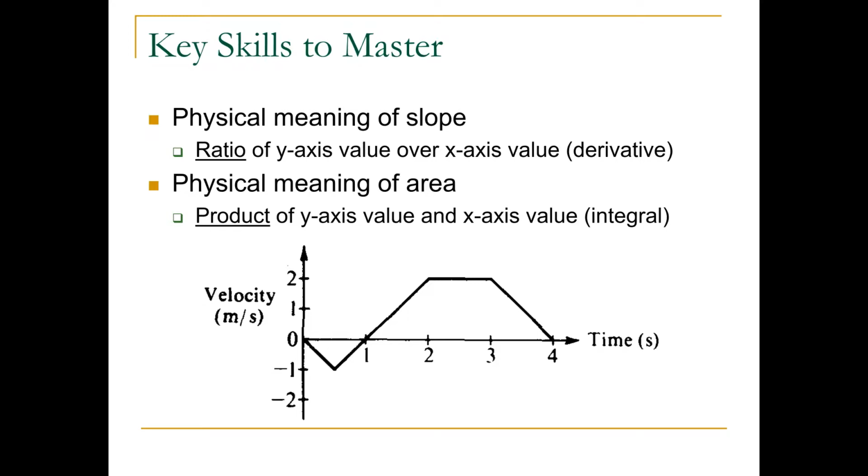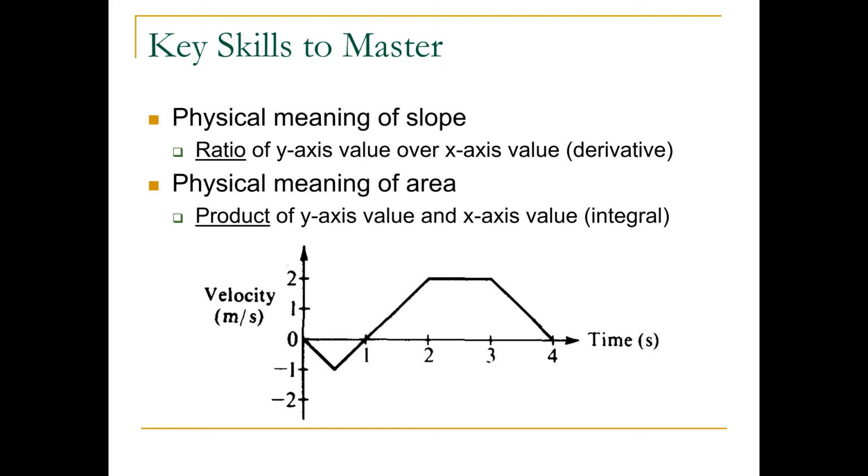But this graph is showing an object's velocity versus time. And if you notice, the graph starts at 0, 0. So if you think about it, that tells you the object has 0 velocity initially, or the object starts at rest. All right, so it's important to look at the graph first and think about what it means.